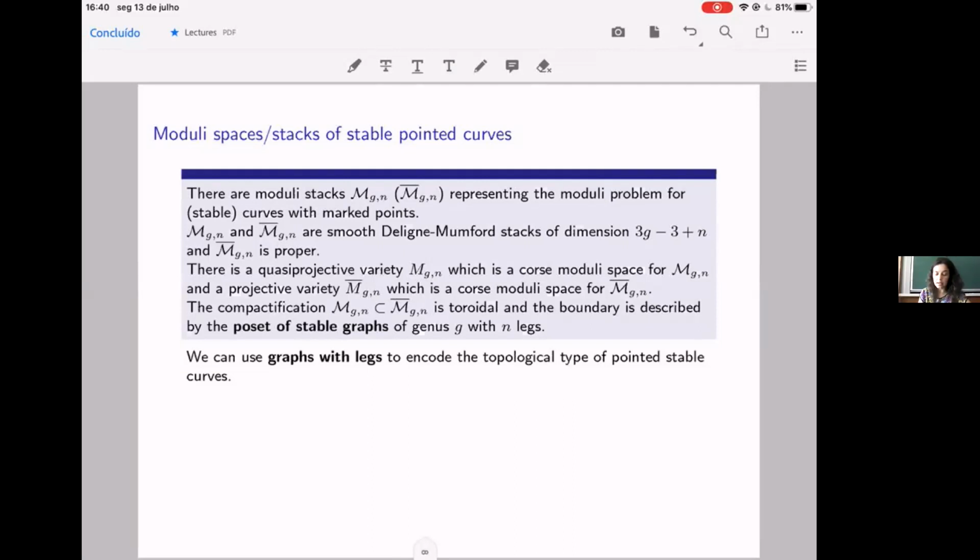There's also a statement here that I will be explaining later. This compactification is toroidal.